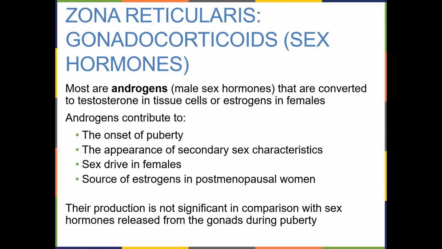The amount of androgens released in the postmenopausal female is not nearly as significant as what's released during puberty, or in the case of the female in her fertile years, from puberty to menopause. However, it will have an impact in postmenopause.